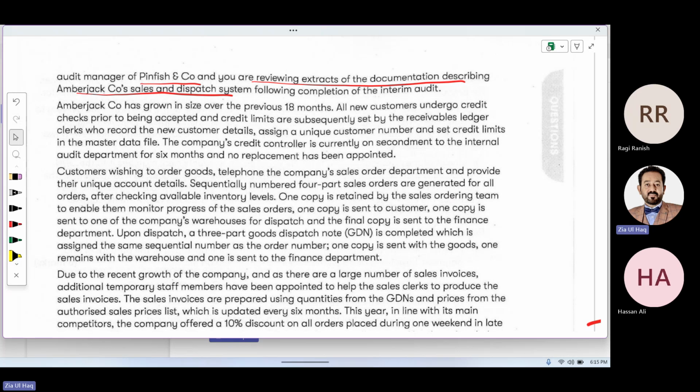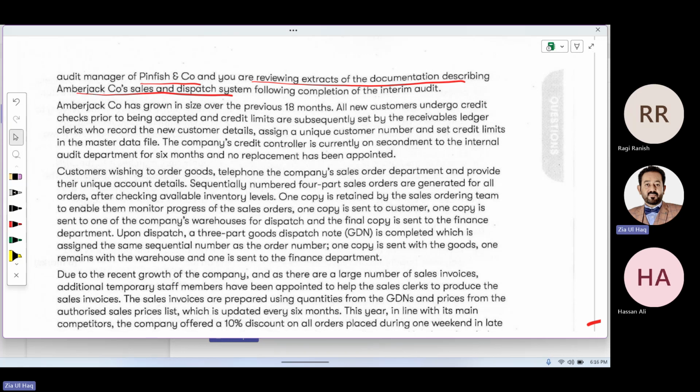All new customers undergo a credit check prior to being accepted, and credit limits are subsequently set by the receivable ledger clerk, who records the new customer details, assigns a unique customer number, and sets credit limits in the master data file. So they are checking creditworthiness.